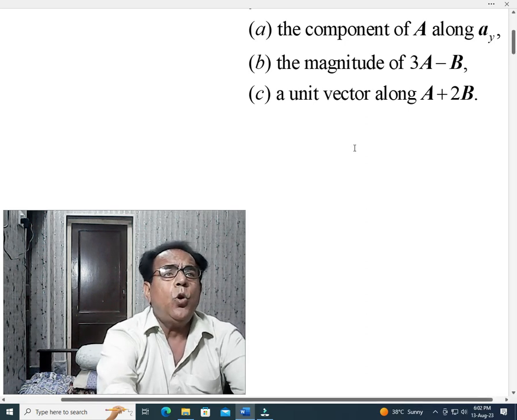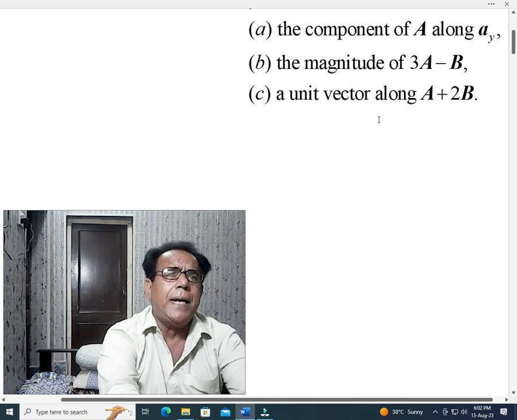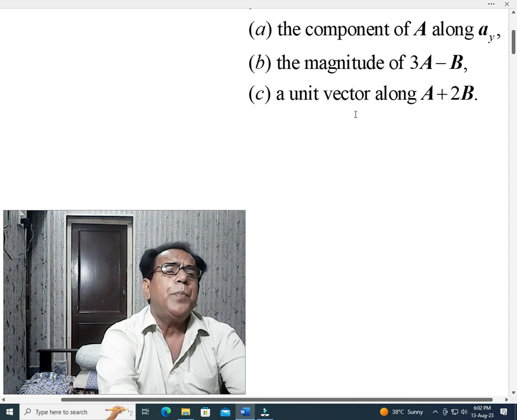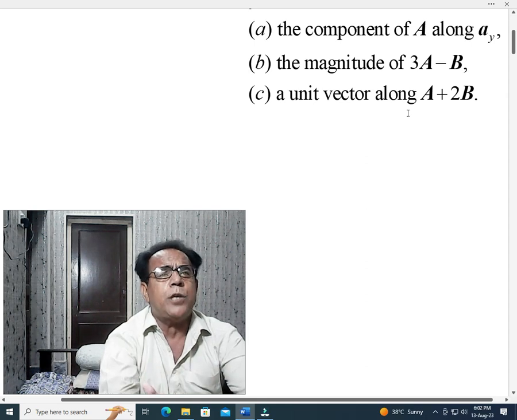So in our problems relating to vector analysis, whenever we use the term along, it means a vector in the same direction. But when we take the term parallel to, it means both sides, positive and negative.